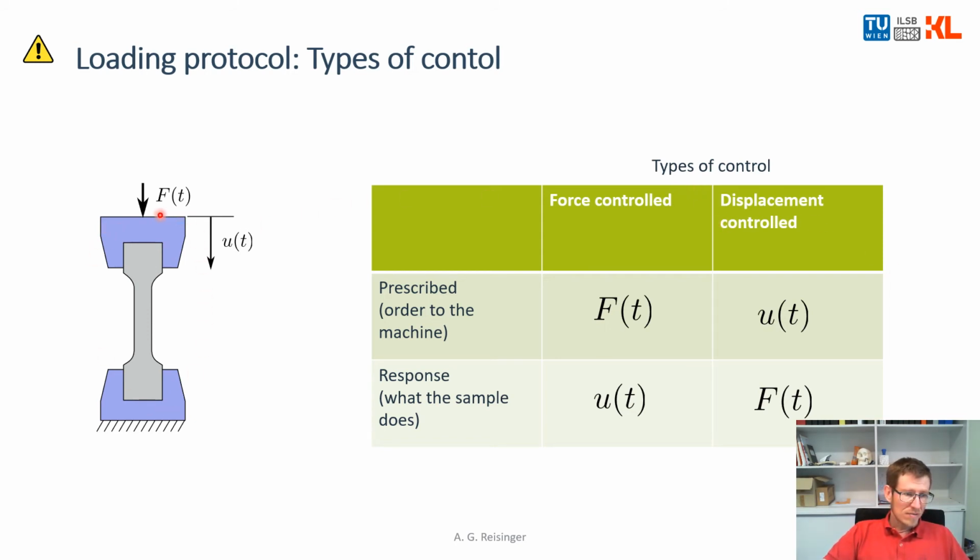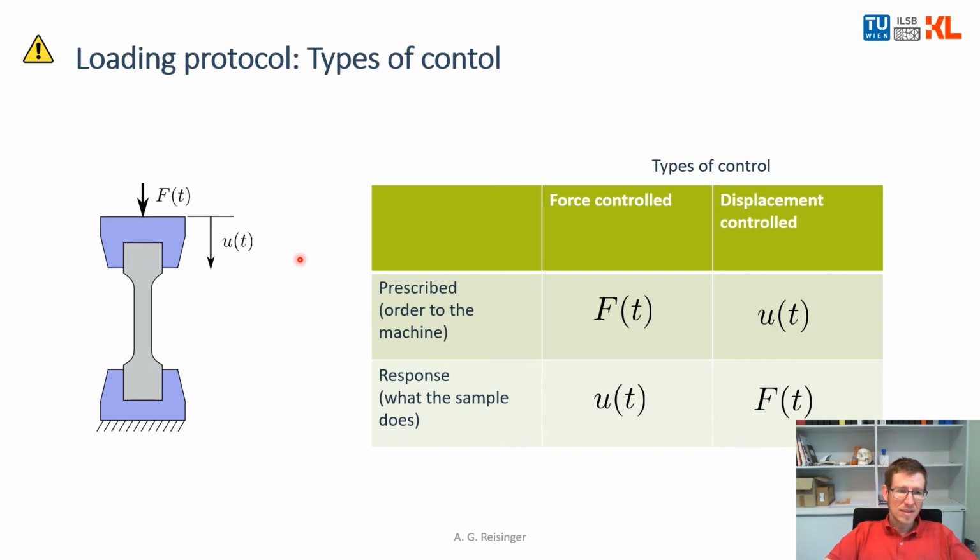Look here, we have again our uniaxial setup, some specimen and some clamps. And when we think of the experiment, we have some force signal over time and some displacement signal over time. And we can now decide whether to tell the machine to create some displacement over time, or we tell the machine to create some force over time.